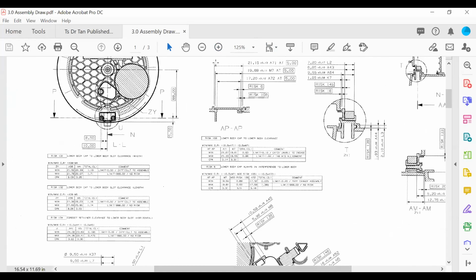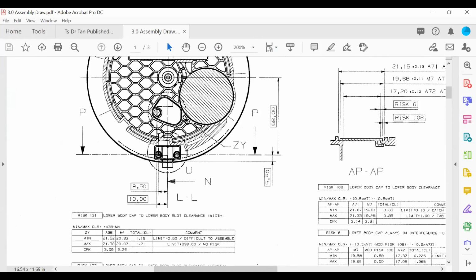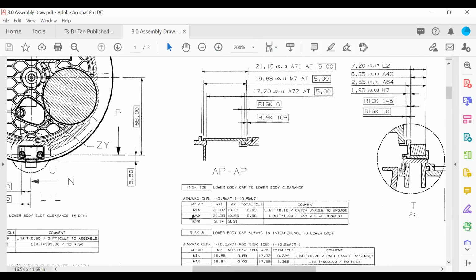This robust design drawing means a designer has studied every single potential risk of the assembly component and identified what the CP, CPK, the tolerance, and the parameter are. You see, it's the same as what we discussed: tolerance design and parameter design.